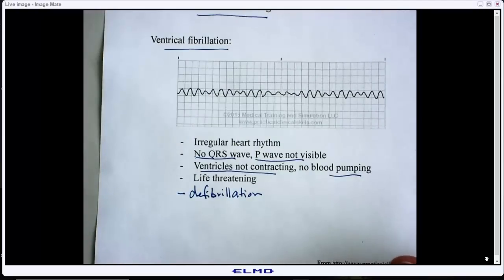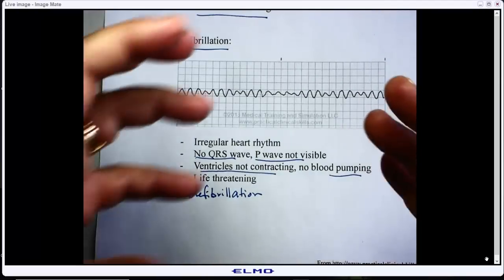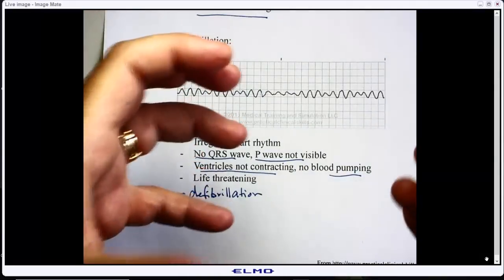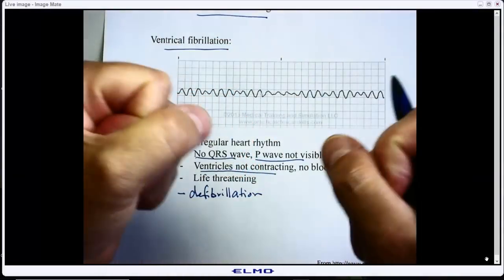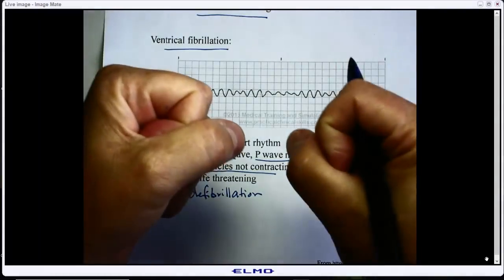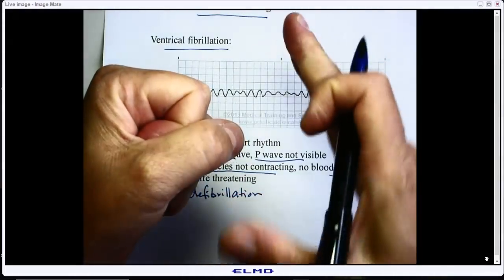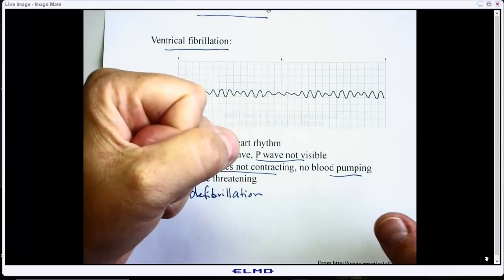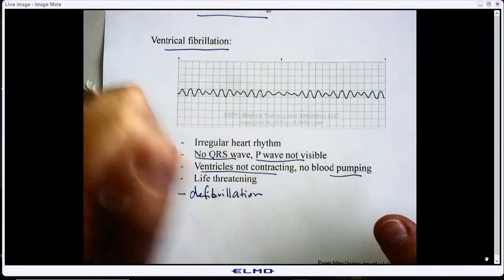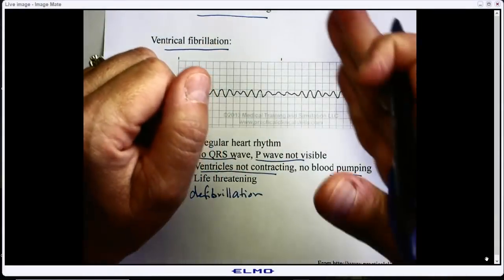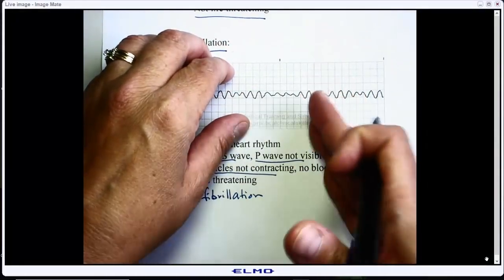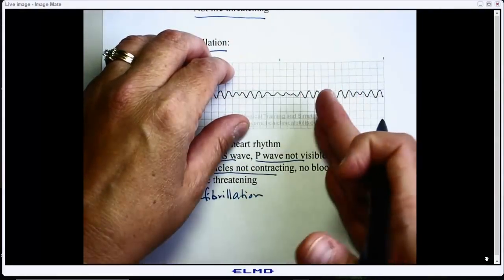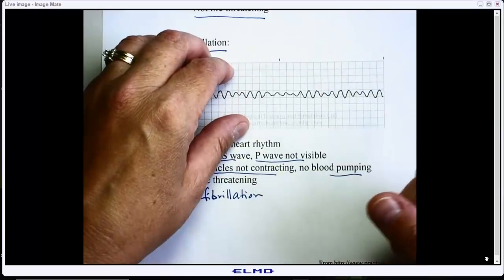Well, what we're doing essentially is putting one massive depolarizing signal into all cells all at the same time. That's never happened before, right? It's always been sequential, but here we're putting it in all at the same time, which means that all cells in the heart are in their refractory periods at the same time.